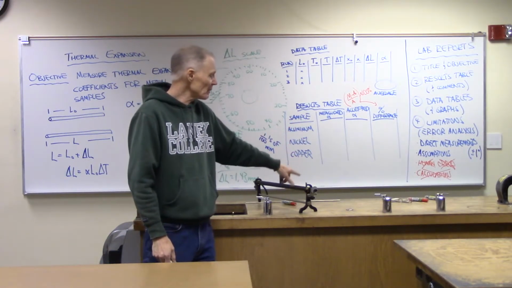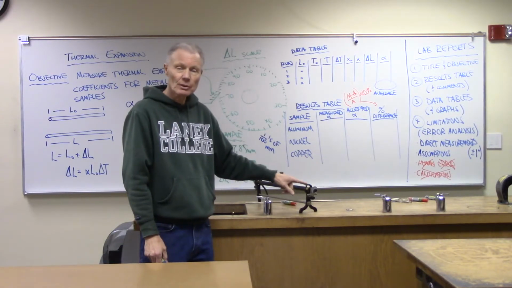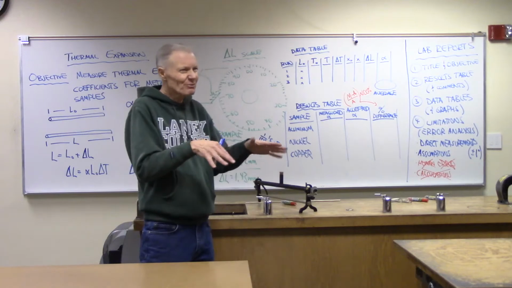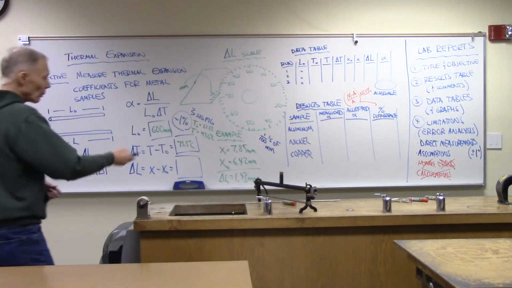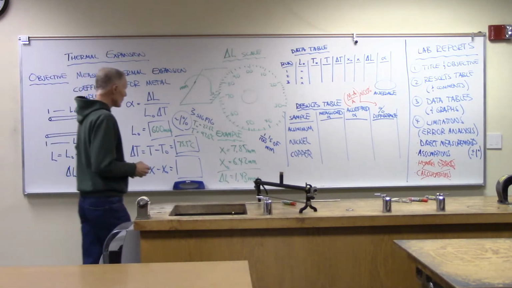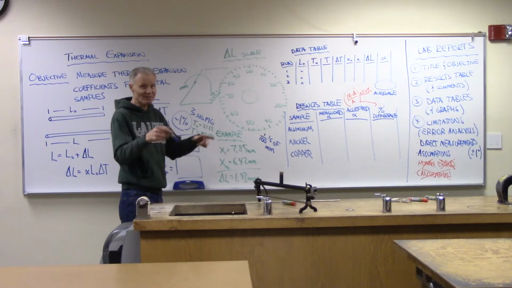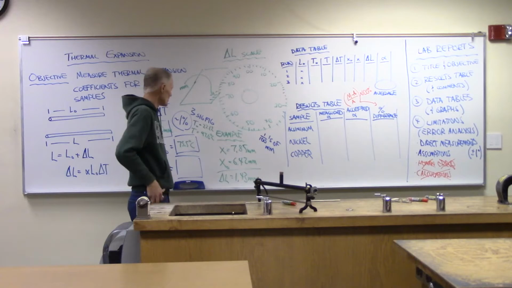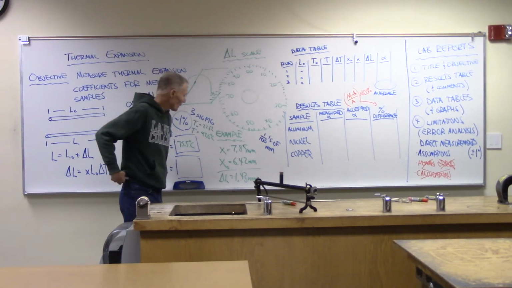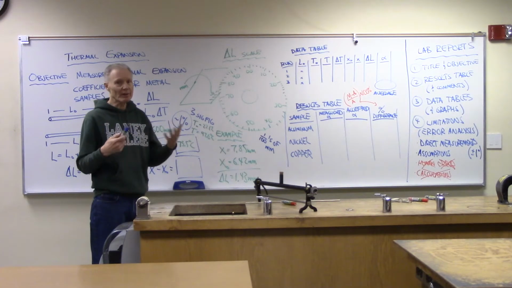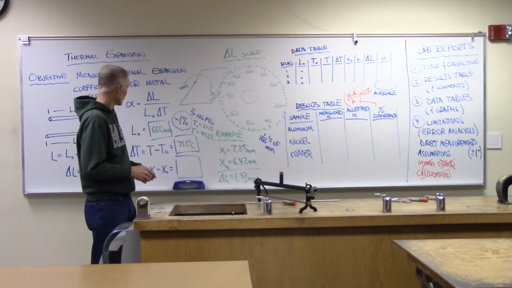Now there's still some limitations built into this, but it's reasonably reliable. So we'll see how much variation we end up with. Of course, I'm your lab partner, I'll be doing a lot of these actual hands-on measurements. But you guys will be able to see how much variation there is from one run to the next.